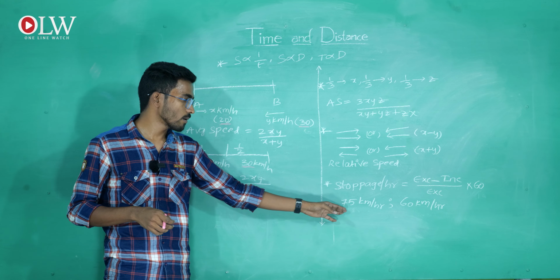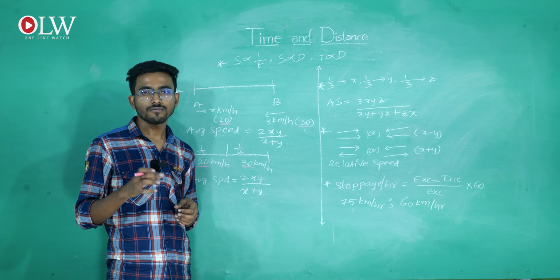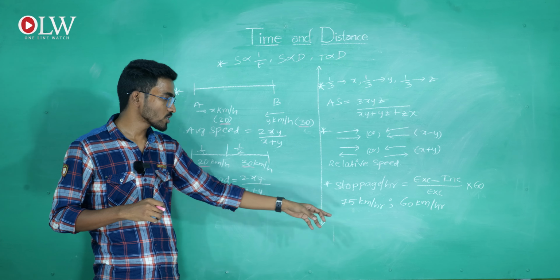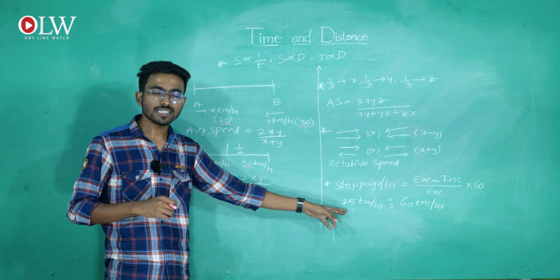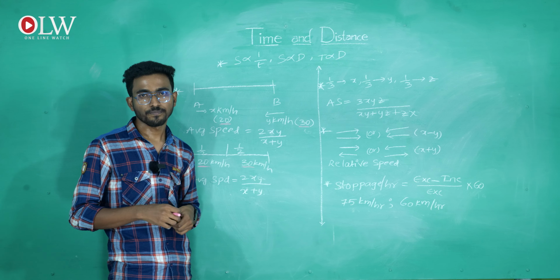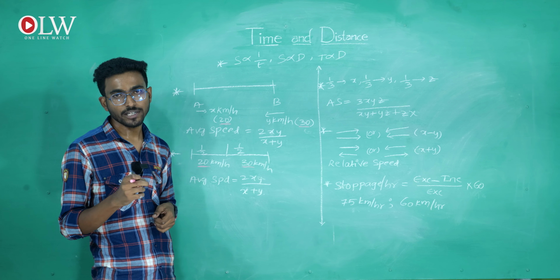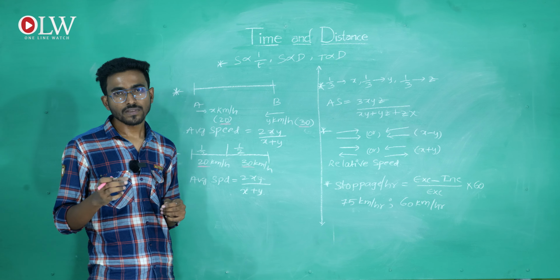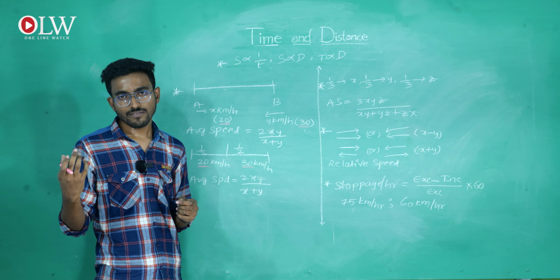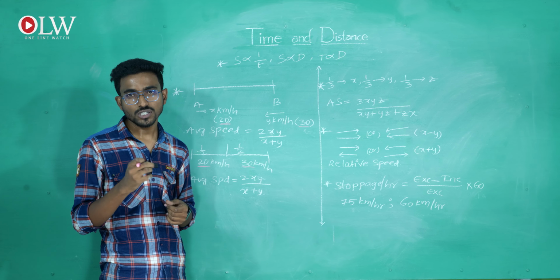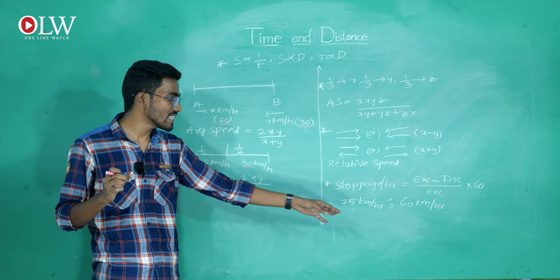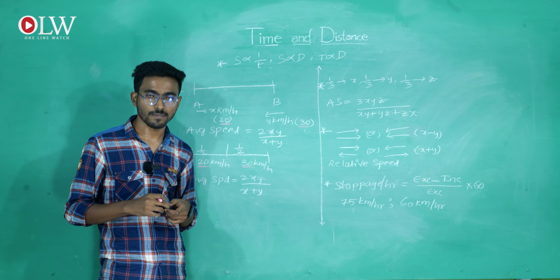See here, see the problem. Suppose a train travels from Vijayawada to Hyderabad without stopping anywhere, it will travel 75 kilometers per hour. I am once again repeating it. Listen. A train is traveling from Vijayawada to Hyderabad. Without stopping anywhere, it will travel 75 kilometers per hour.